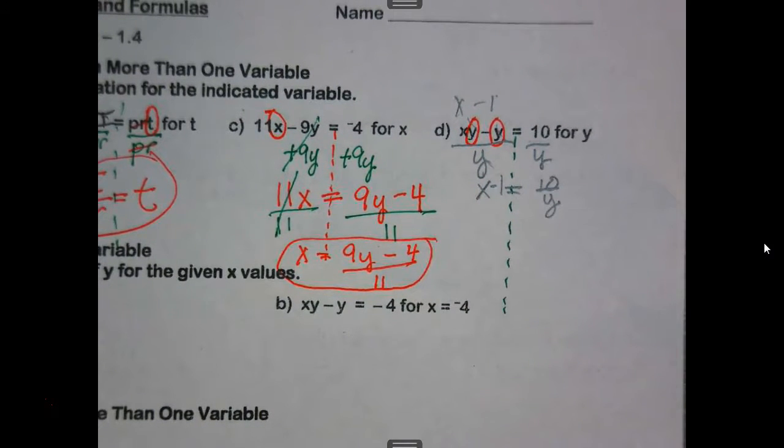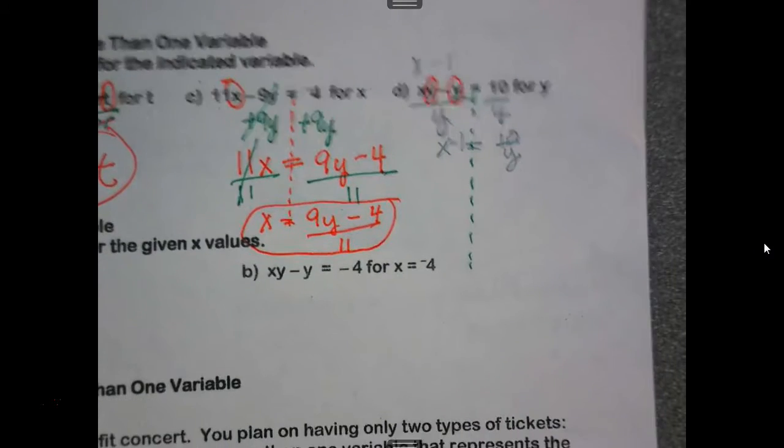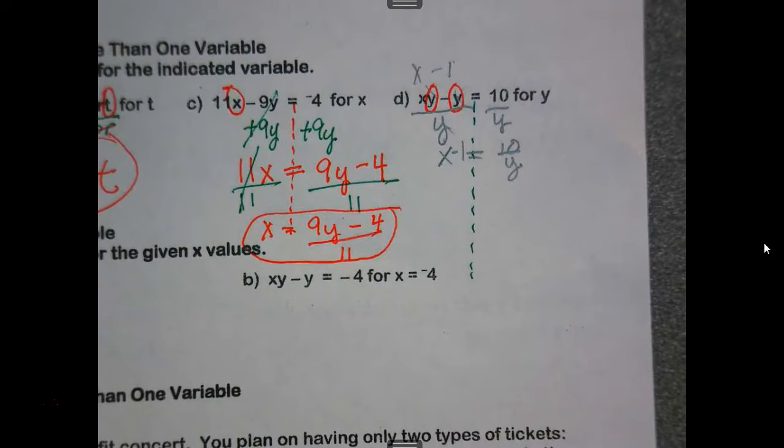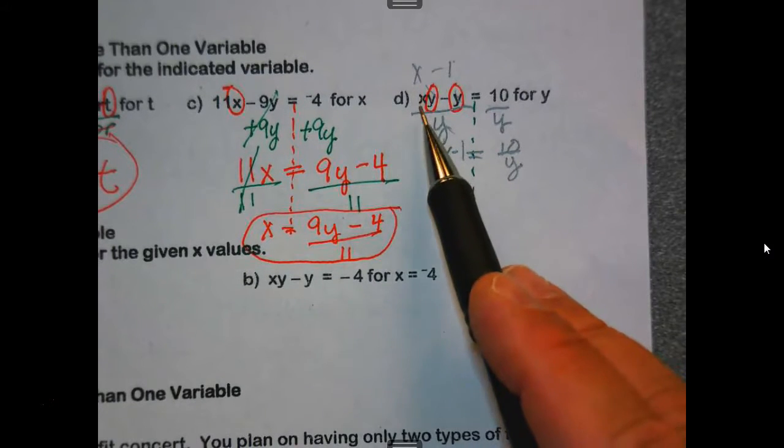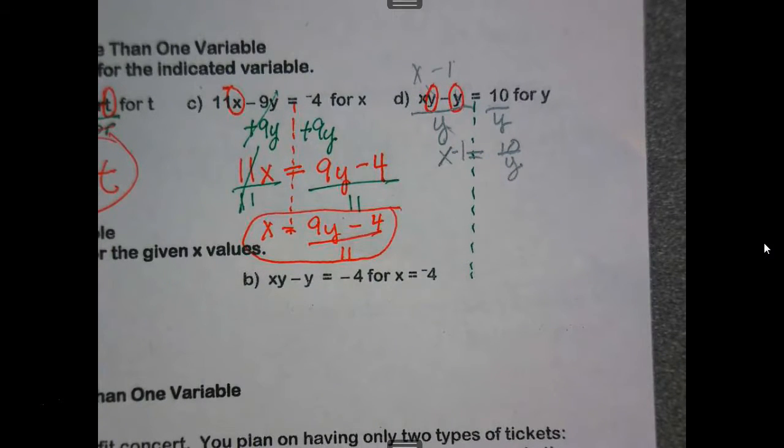Okay, now what? Now you're stuck again. Well, if we multiply by y, we're just going to get back to that, right? Because we divided by y.